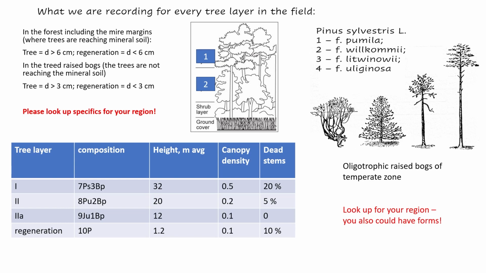This is the composition. Then you give the average height of the layer and the canopy density for the layer at this time.